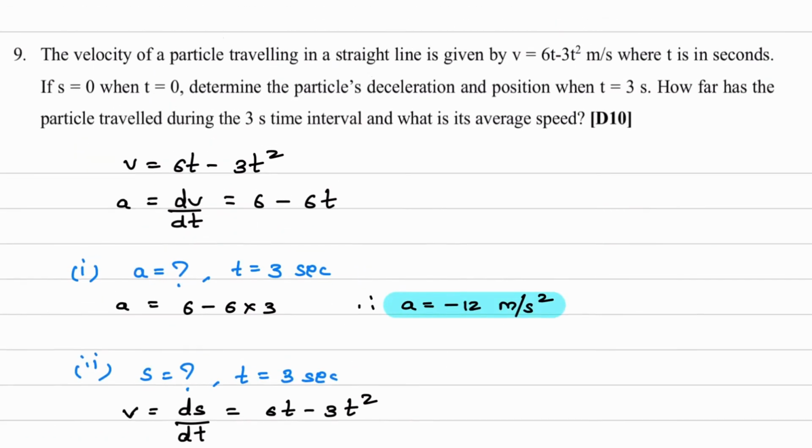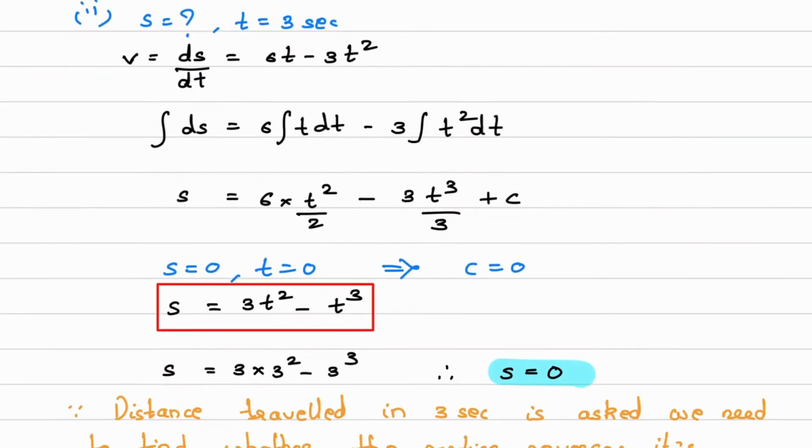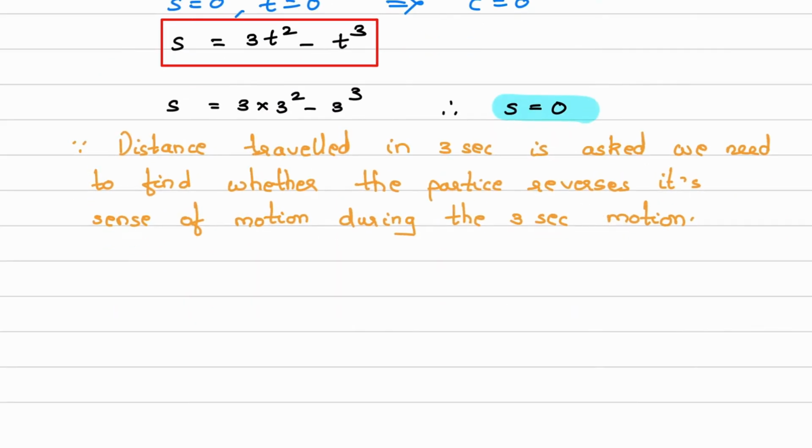So during this 3 seconds, we have to find how far the particle has traveled, and from that we will get some value, and from there we can calculate the average speed. So here we have to basically find whether the particle has reversed or not.